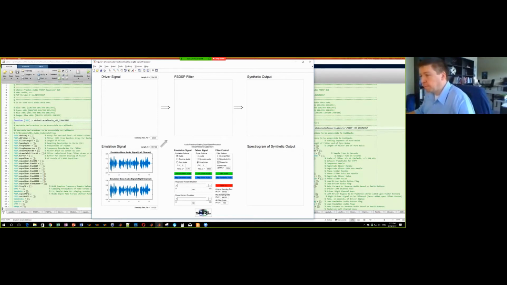I'm going to use a white noise with a beta value of 0 as the driver to this signal.